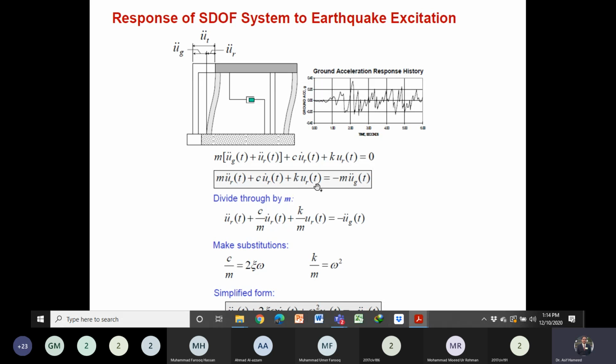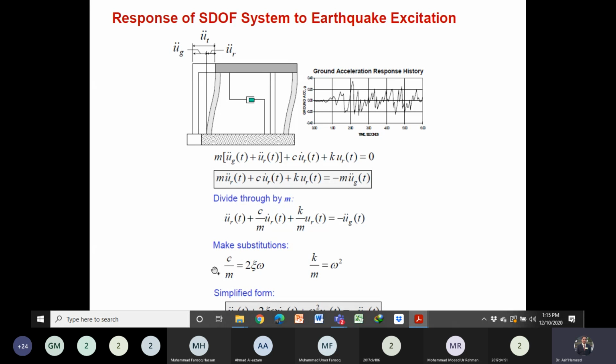So this is the equation of motion for the single degree freedom system subjected to the ground acceleration UG. We can divide this equation throughout by small m, the mass of the system. Then m over m will be equal to 1.